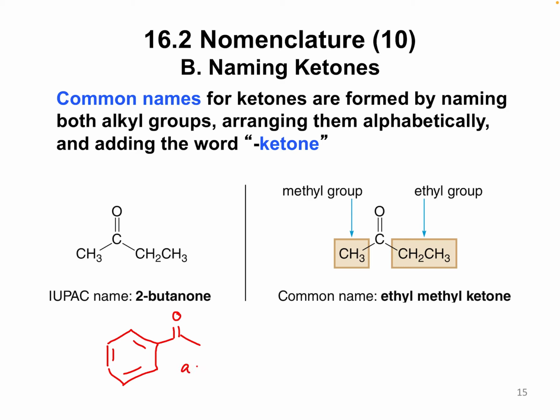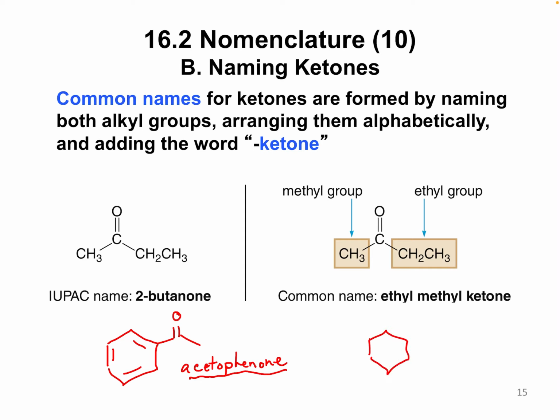So this entire thing has the name acetophenone. All right, so acetophenone can be used as a base name for that entire structure, the same way that we would use phenol or toluene or benzaldehyde like you just learned about.